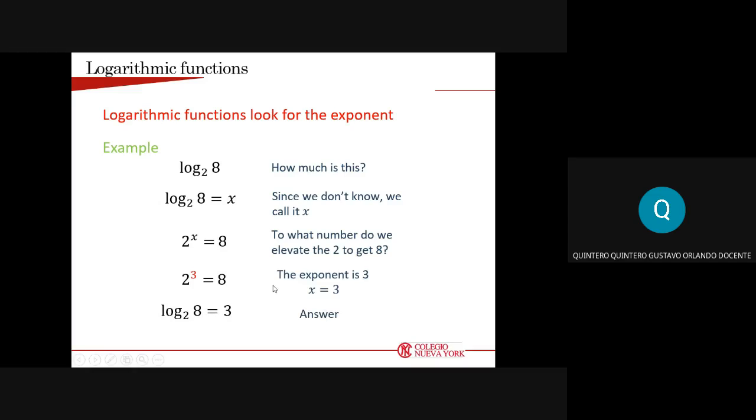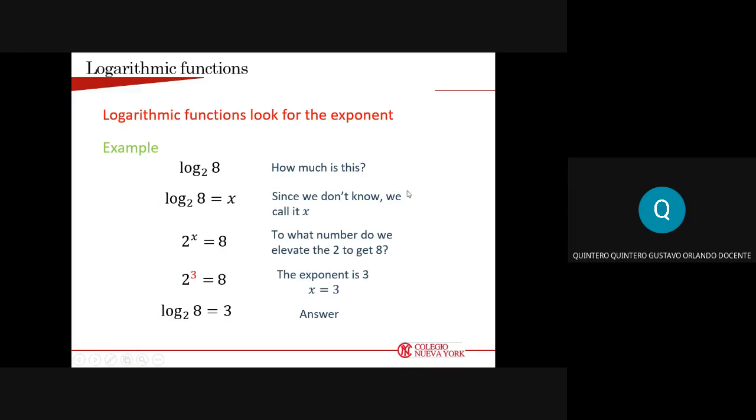You see? Logarithmic functions look for the exponent. Whenever you have these types of questions, you are looking for an exponent. What is the value that you need to elevate the base so that you get the big number? 2 to the what gives you 8. That is a logarithm. Logarithmic functions look for the exponent.